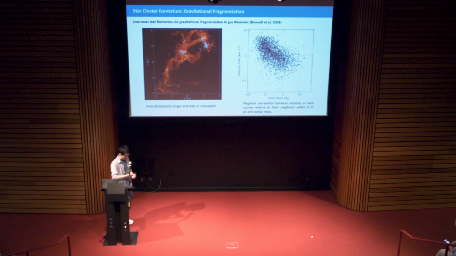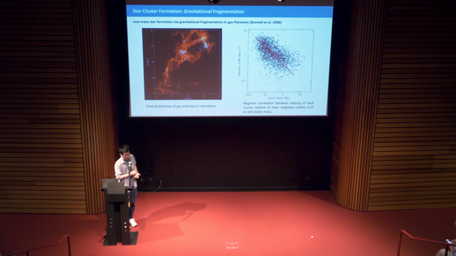One observable of this mechanism is that, as you can see on the right, there is a downward trend between the velocity of each star relative to the center of mass of its neighbors versus the final mass at the end of the simulation.